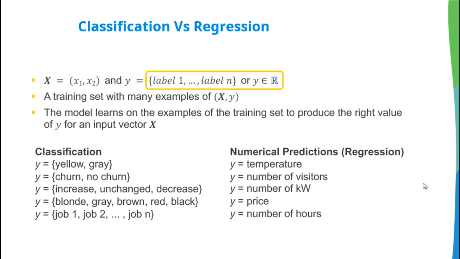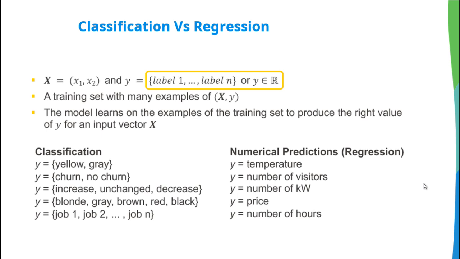So x is a vector or matrix; it could be a matrix, it could be a vector. And y is the y-axis, and x is the x-axis, we know that. We use y as the target variable, and x as the vectors or predictors. So these are the things that we need to understand.